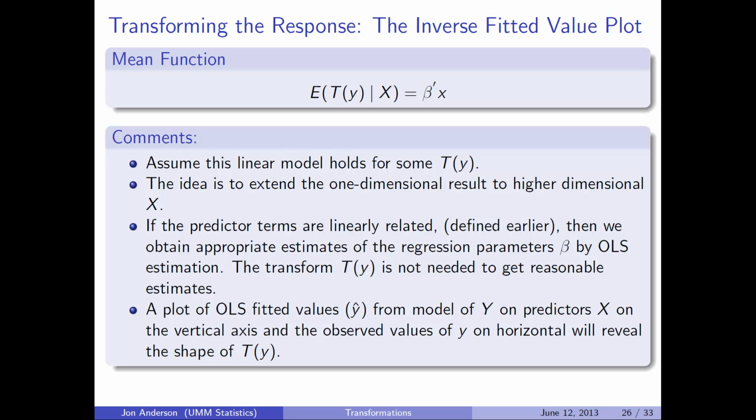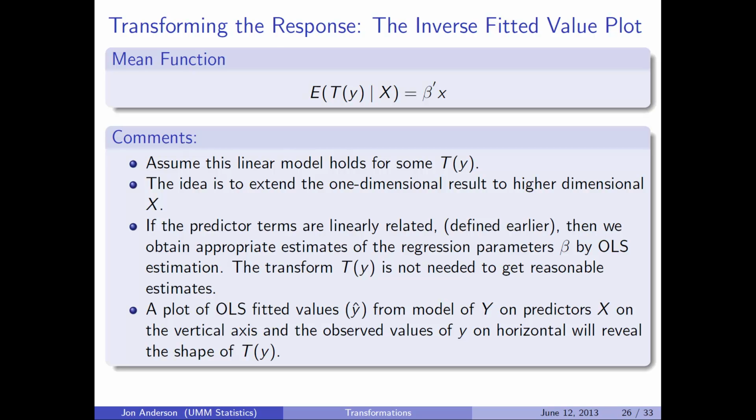If we could just figure out the right transform t of y, we could do a nice linear regression model, multiple regression or simple regression. And it turns out that there are some very nice techniques for figuring out what the correct transform t of y will be.